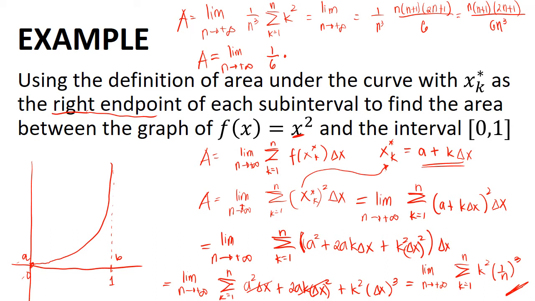So, ang mangyayari, n all over n times n plus 1 all over n times 2n plus 1 all over n. Tama ba? Parehas ba yan sa n times n plus 1 times 2n plus 1 all over 6n cube? Yes, kasi nakamultiply naman yung denominator and numerator. Pinaghiwa-hiwalay ko lang sila.